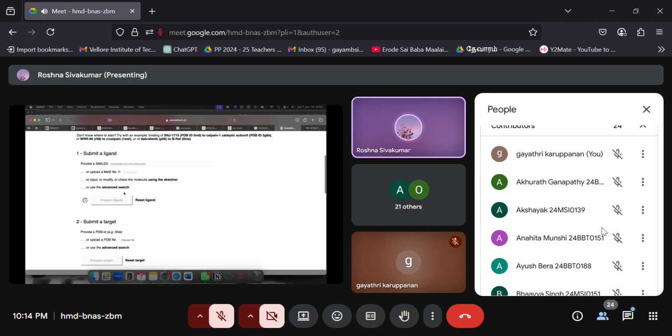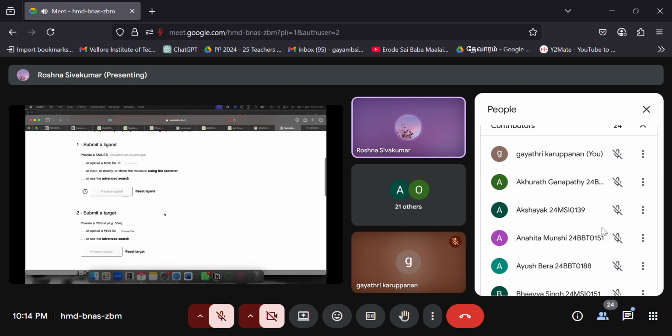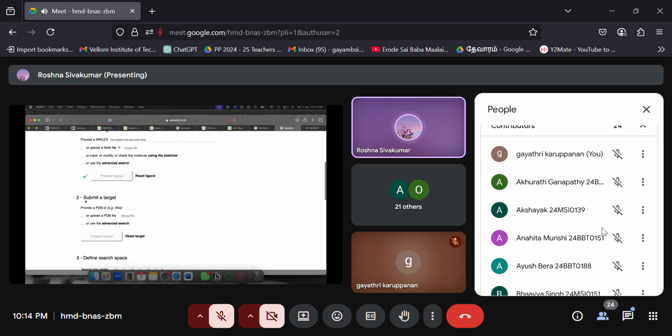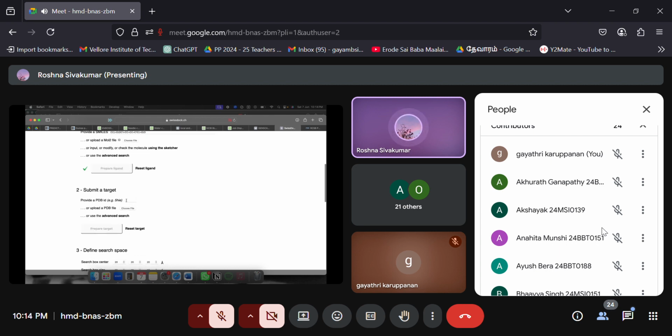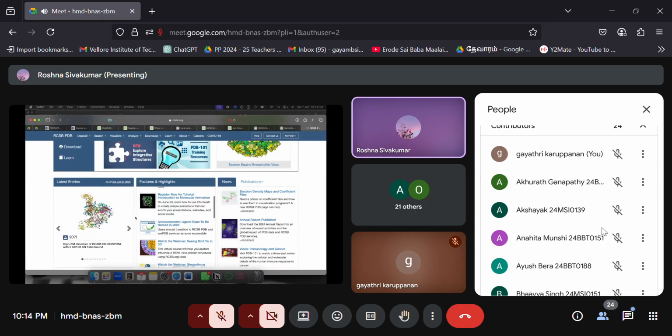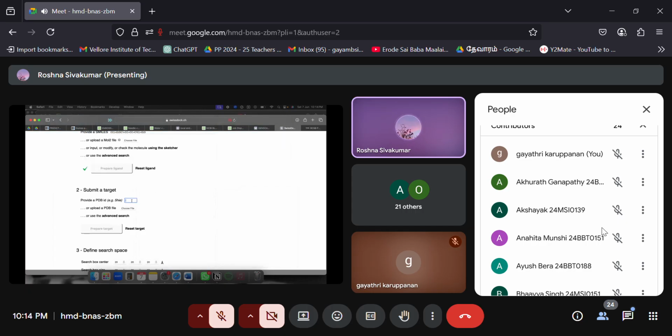Then in this software, you prepare your ligand, and next you submit your target protein. Suppose this is your protein, this is your PDB ID. So you can just enter it here, all right?